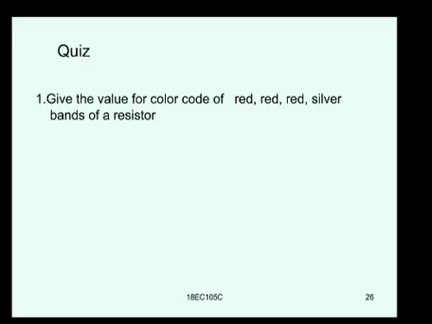Now give the value for the color code of red, red, red and silver bands of a resistor. How much will it be? Red is 2, red is 2, third red is 2 zeros. Silver is the tolerance.